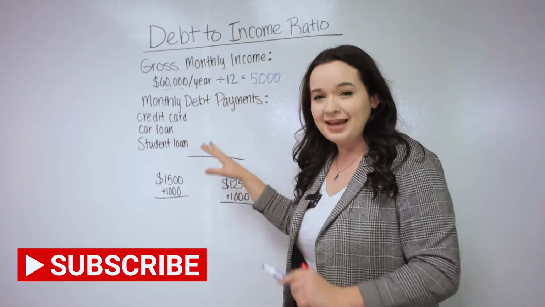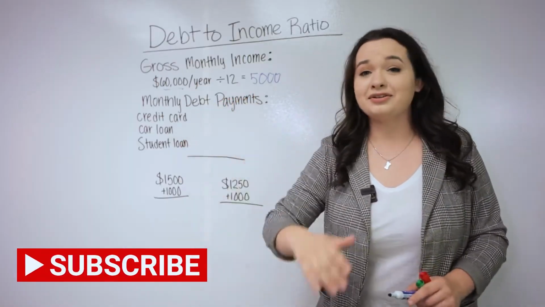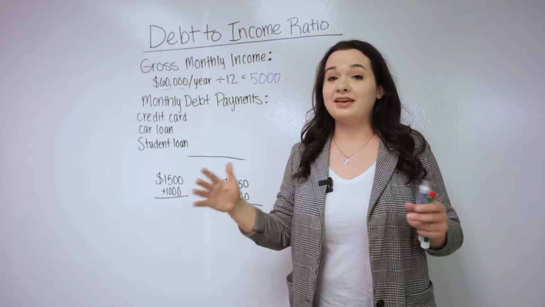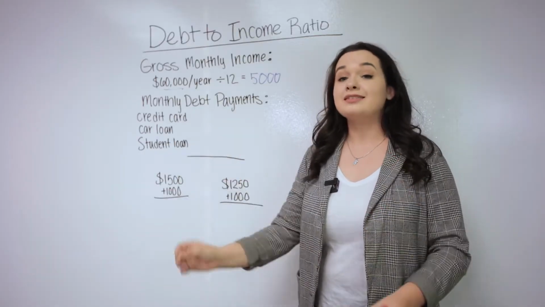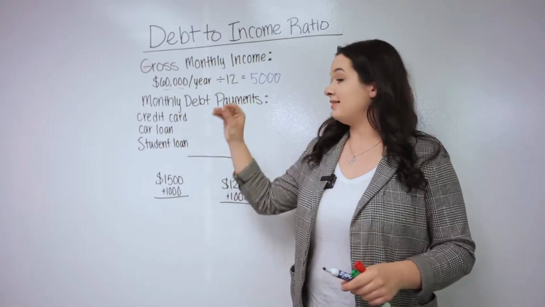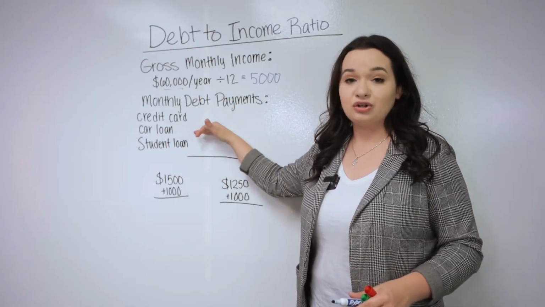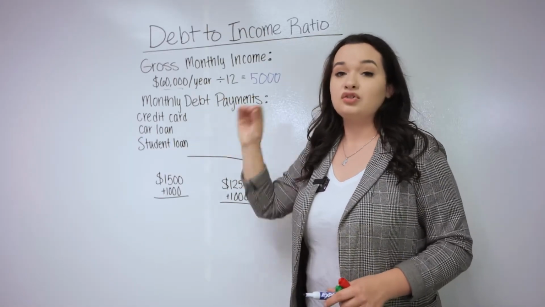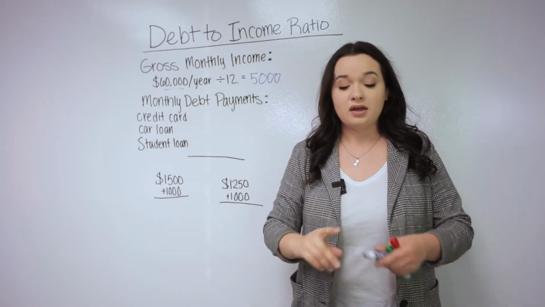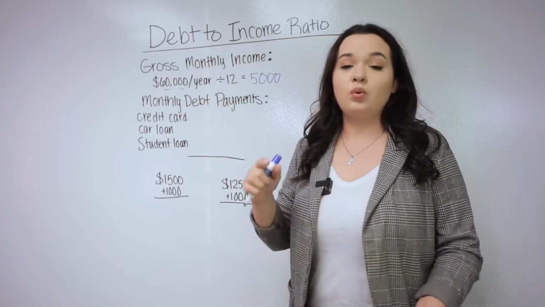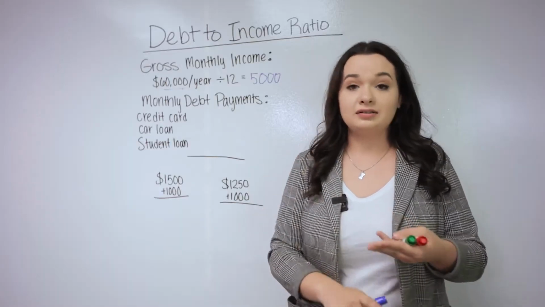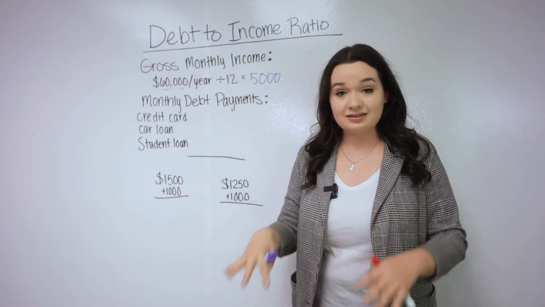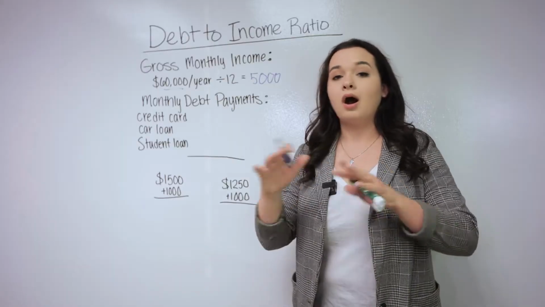Moving into your monthly debt payments, I want to spend a moment talking about this. When we talk about debt payments, I'm not talking about your utility bills or the amount you spend on groceries, Starbucks, anything like that. I'm specifically referring to debts that hit your credit, that are reported to your credit score. So examples of that would be your credit cards, car payments, student loan payments, if you have an existing mortgage right now, all of those things.